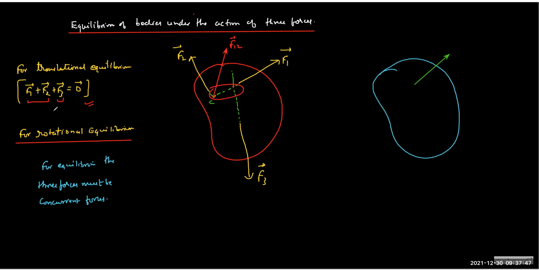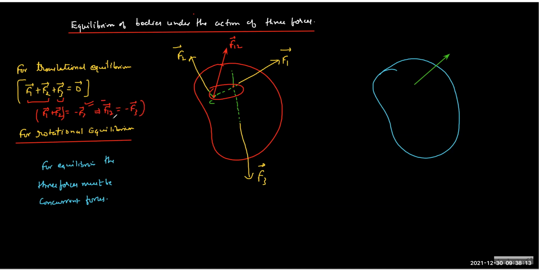Do you realize this? So for equilibrium, if you add any two forces, the sum must be equal to the third force in numerical value and opposite in direction. So F1 plus F2 must be minus F3, which implies F12.